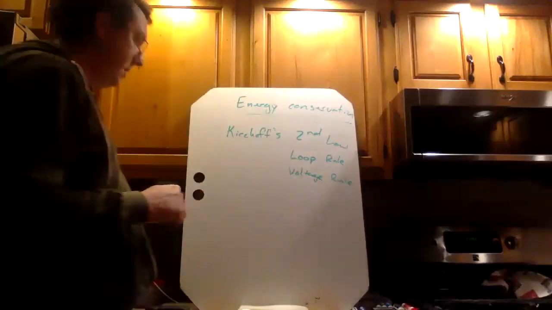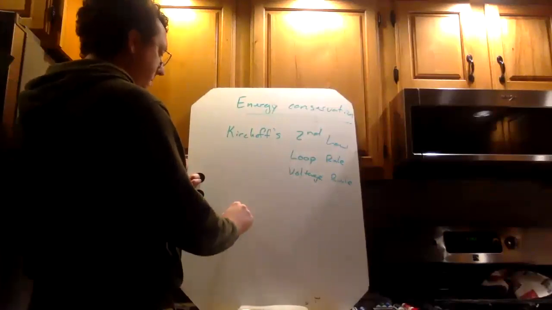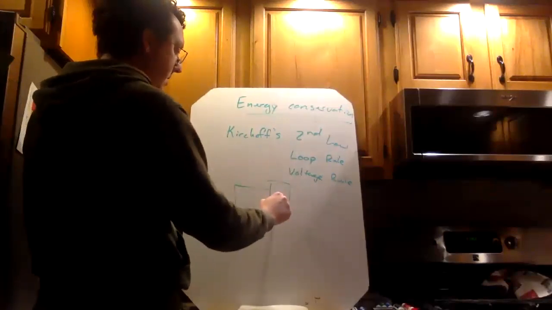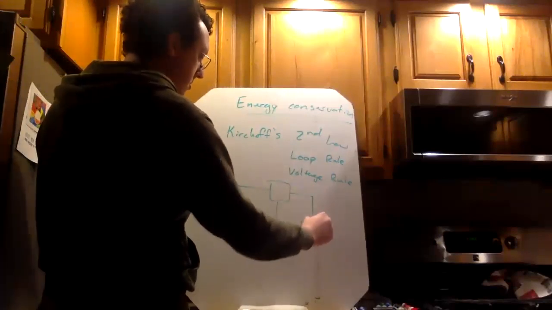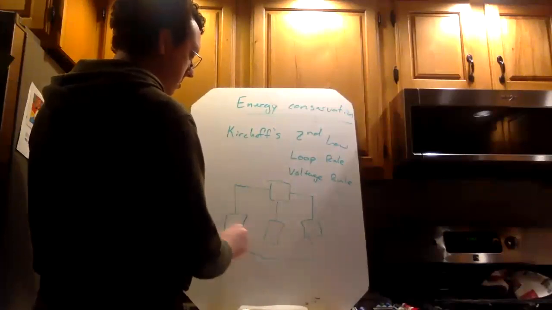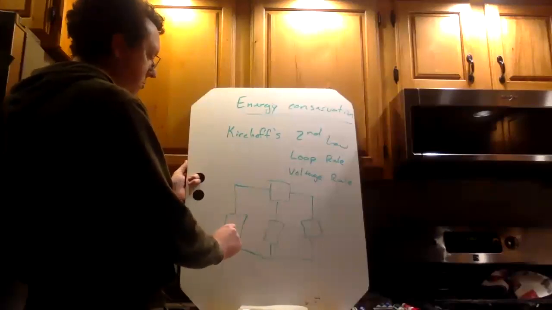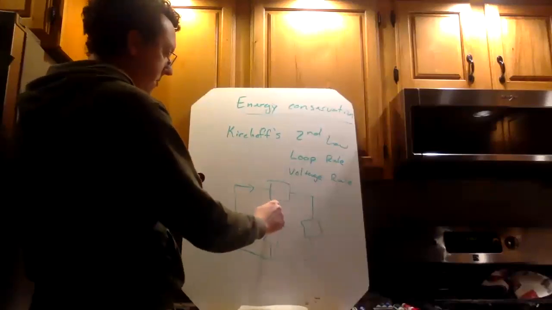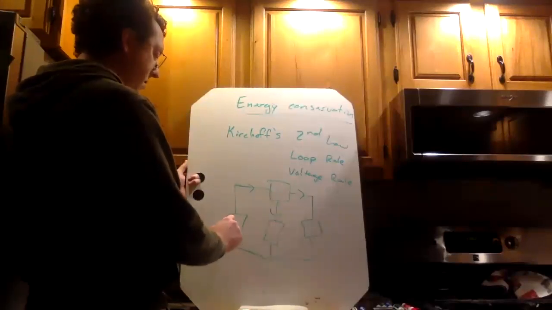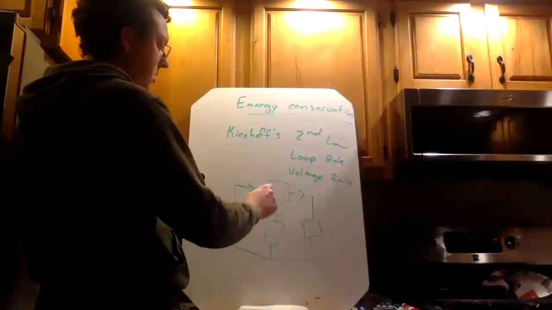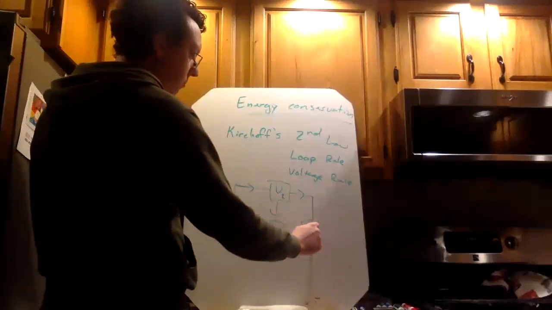Okay, and the statement is, you could have a circuit made up of many different blocks, different things, and they could do lots of things. And you could imagine that as electricity moves around, you'd have a voltage change here, V1, and a V2, and a V3, and a V4.